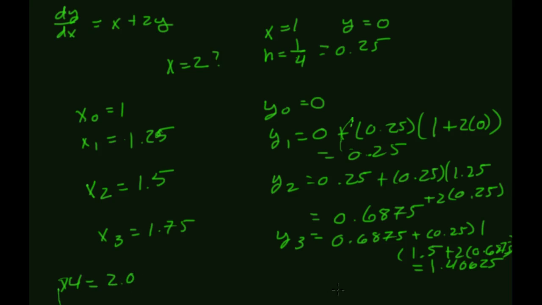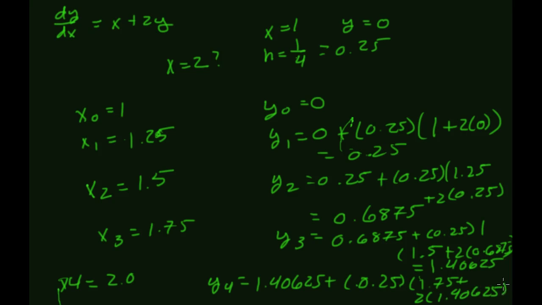Okay, so let's do x4. x4 is finally at 2.0. y4 takes the last y, 1.40625, and adds the step size, 0.25, times the previous x, 1.75, plus 2 times the previous y, 1.40625.